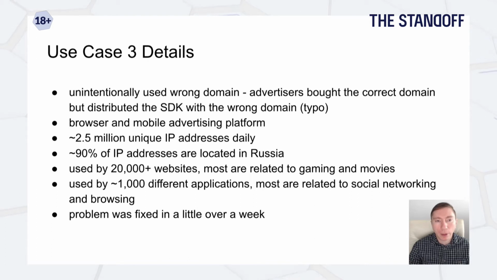The good part is that the problem was fixed in a little over a week. We were able to find out what was the advertising entity that was supposed to use that domain, but we didn't find a way to contact them. But they figured it out in almost a week, and they fixed the problem shortly. So that's the good part.